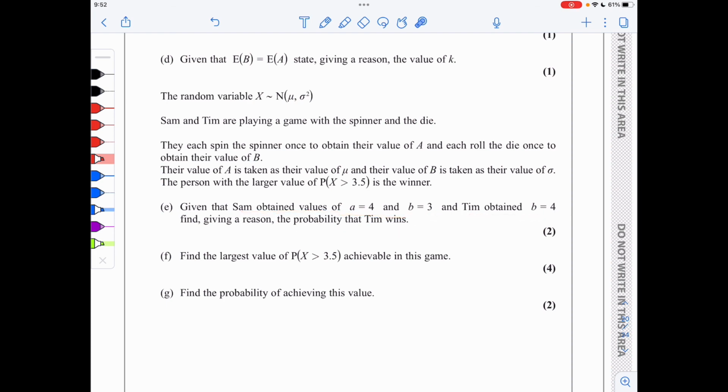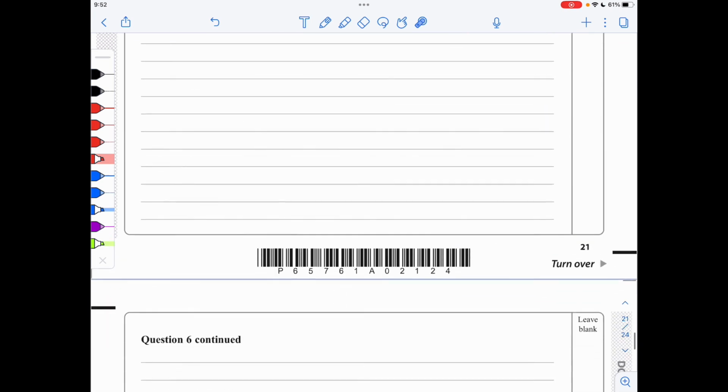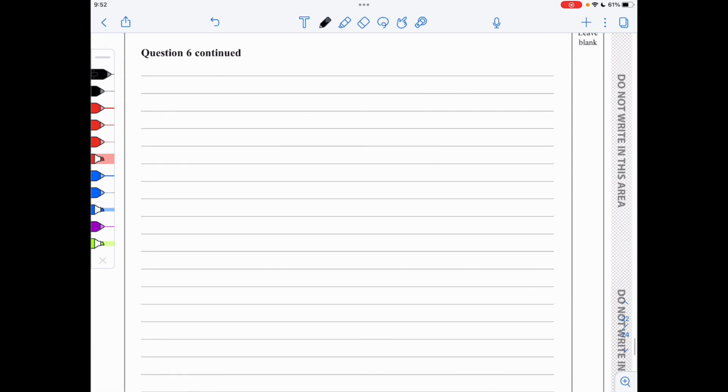So to do that, we'll start by looking at what Sam has done up to now. So we know that Sam has obtained the values of A is 4 and B is 3. So his random variable x follows normal with mean 4 and standard deviation 3.